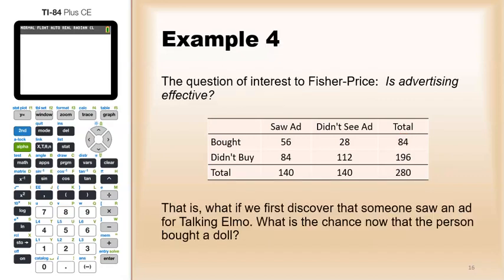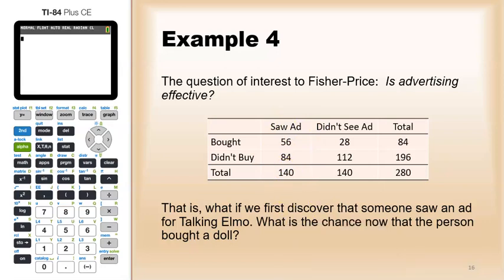Now, more important for us, the question of interest: is advertising effective? That is, if we first discover that someone saw an ad, what is the probability that they now bought the doll? So in this case, we are only interested in this column here. We're only interested in those that saw the ad.